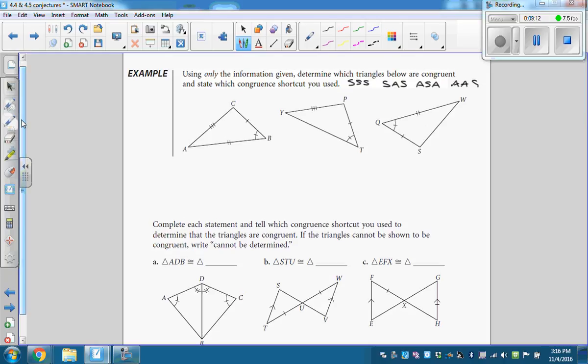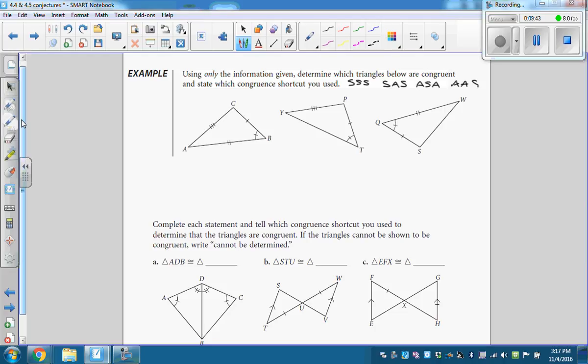Okay, so for example, what do you guys know? Do you even understand the question? Okay. So Zach Walder, tell me what you know. Anything congruent? Yes, CAB and F, Y, T. I think, I'm pretty sure they're congruent.